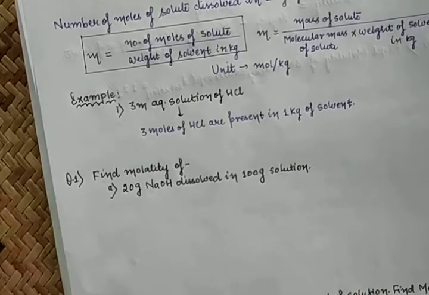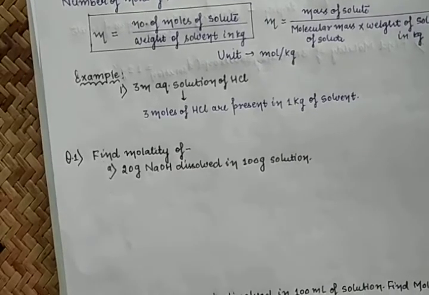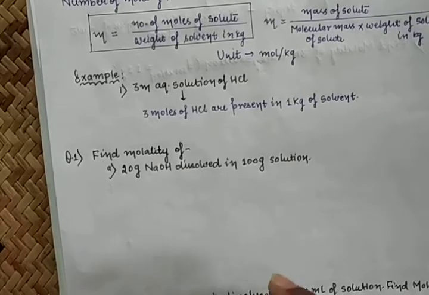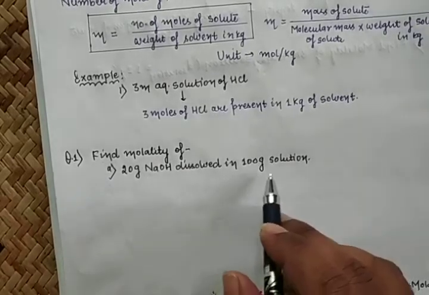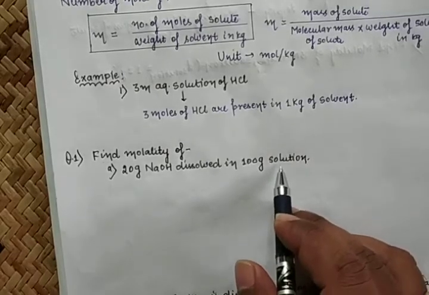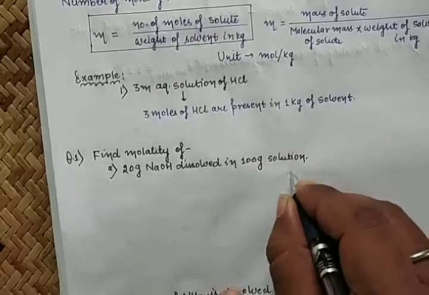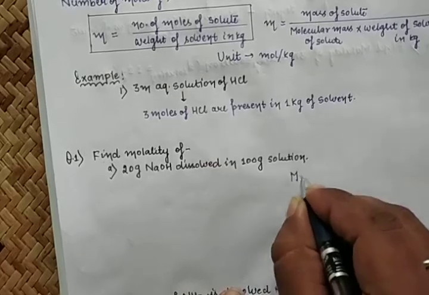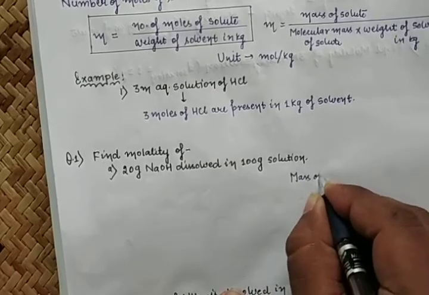Now I have a numerical for molality. 20 gram of NaOH is dissolved in 100 gram of solution. So there is 100 gram of solution. First you find the mass of solvent.